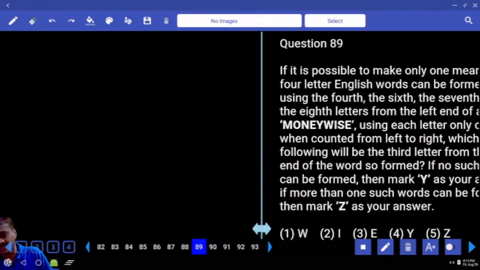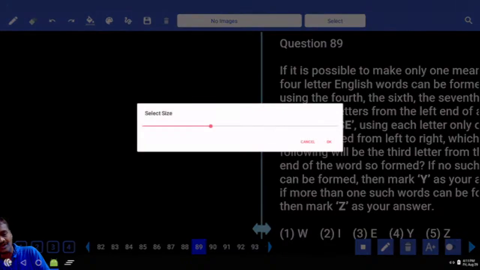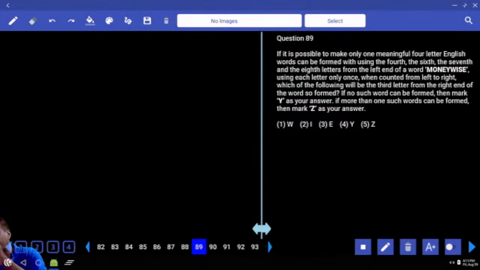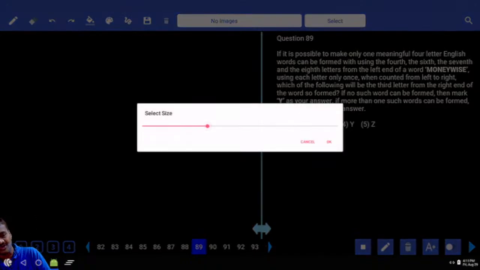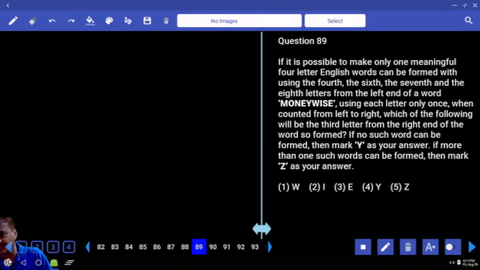Now 89, word formation. You need to work out word formation only when you are 100% sure about the answer, or else it is better to leave it. This time in most shifts of IBPS PO Prelims, word formation was given in a difficult manner, with new words.